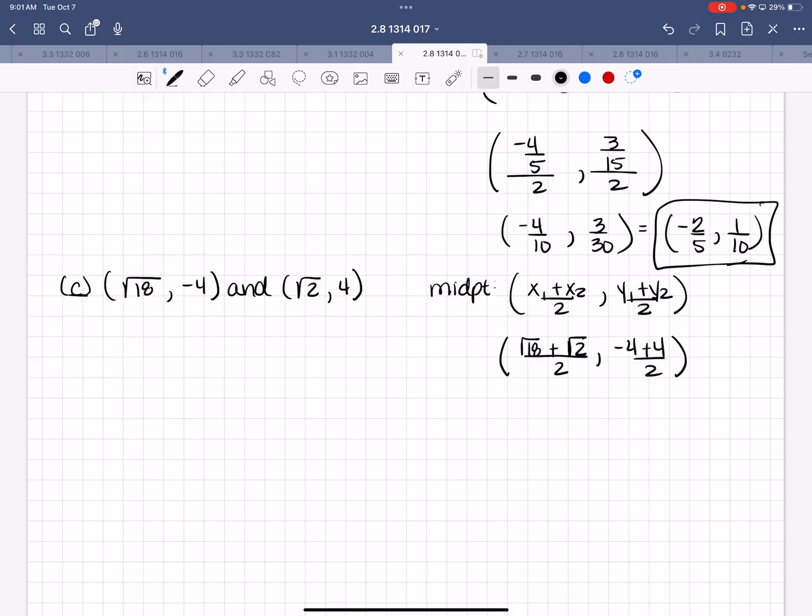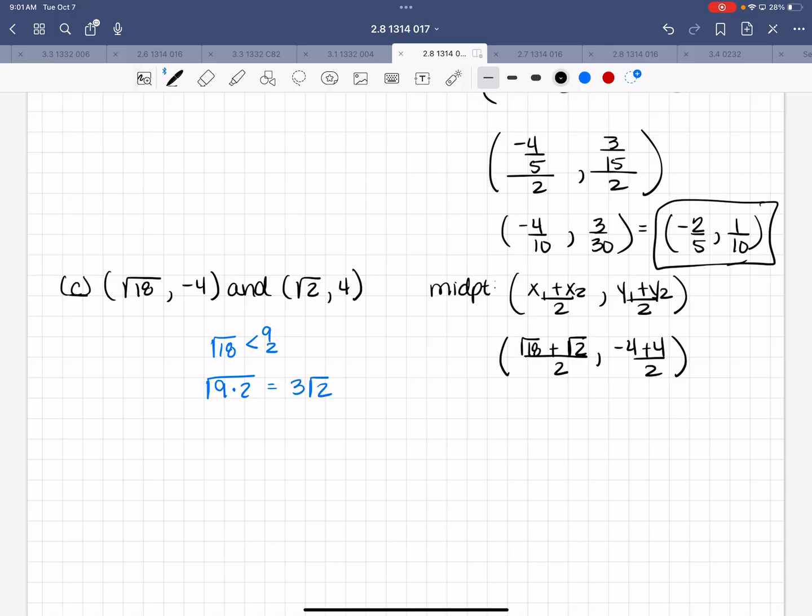Well, half of this is very nice, because negative 4 plus 4 over 2, of course, is going to give me 0. Guys, the square root of 18 plus the square root of 2 turns out nice. You just have to simplify the square root of 18. I'm going to do that over here. The perfect square that goes with 18 is 9, right? 9 times 2, so this is really the square root of 9 times 2, and the square root of 9 is 3, so 3 square root of 2.